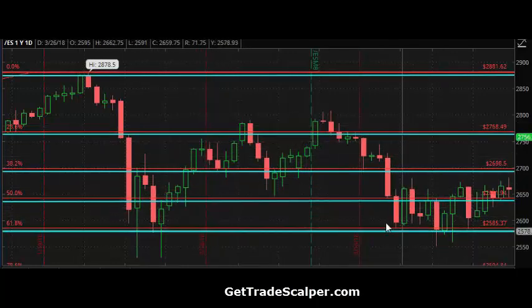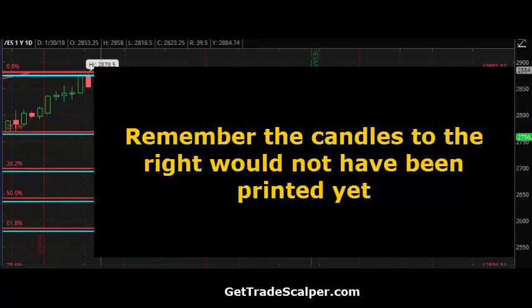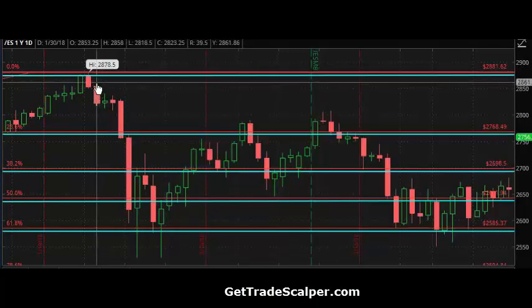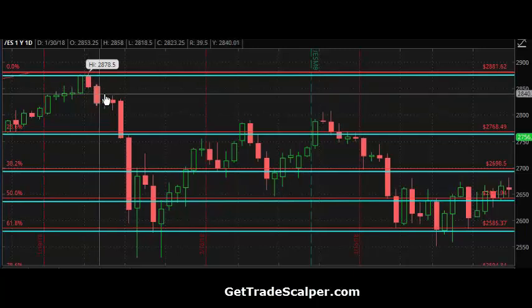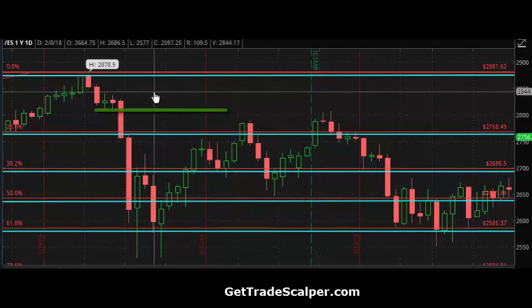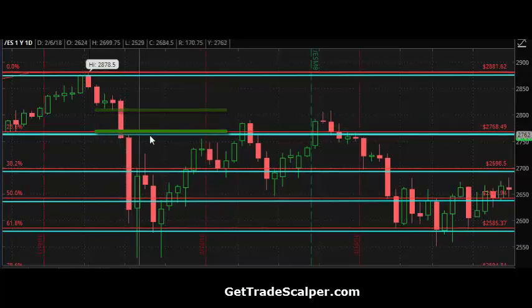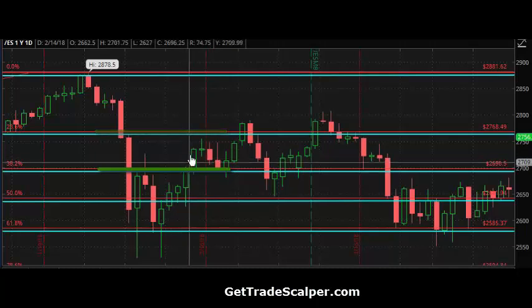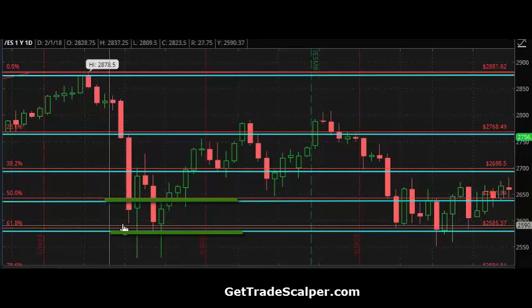And as you can see, if you had these levels on your chart in advance, starting with this point down, you could have found an entry right in this level here and found a target right in this level here, or maybe this level here, or maybe this level here, all the way down.